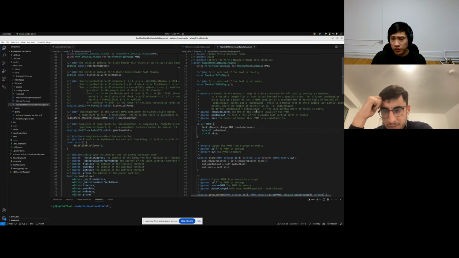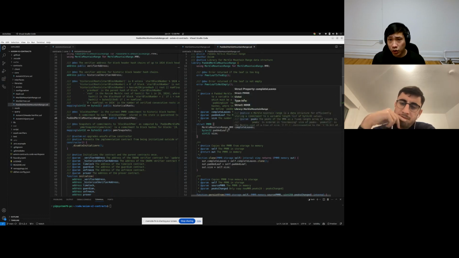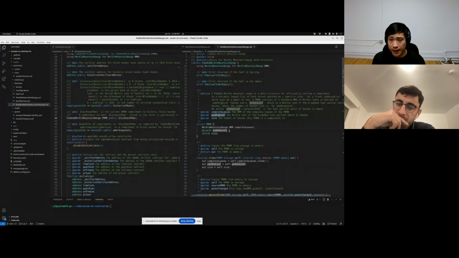What we're left with is a suffix of the array of historic block hashes, and we form a complete Merkle root over that suffix. What I mean is we zero pad it to 1024 hashes and compute the Merkle root of those hashes. So for us, a padded Merkle mountain range is a Merkle mountain range over the Merkle roots of groups of 1024 block hashes, and then this final padded leaf, which encodes up to 1023 block hashes at the end.